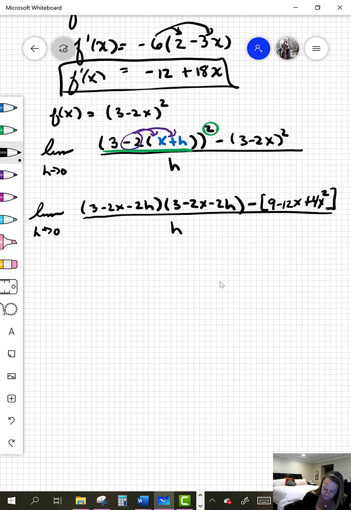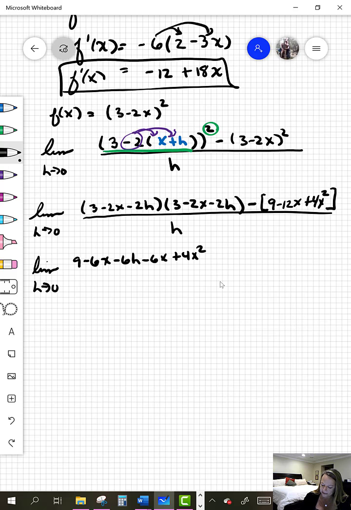So the limit as h is going to 0. And now we have to distribute this. So 3 times 3, that's going to give us 9. 3 times negative 2x is minus 6x. 3 times negative 2h is minus 6h. Now distribute the negative 2x to each term. Negative 2x times 3 is minus 6x. Negative 2x times negative 2x is plus 4x squared.